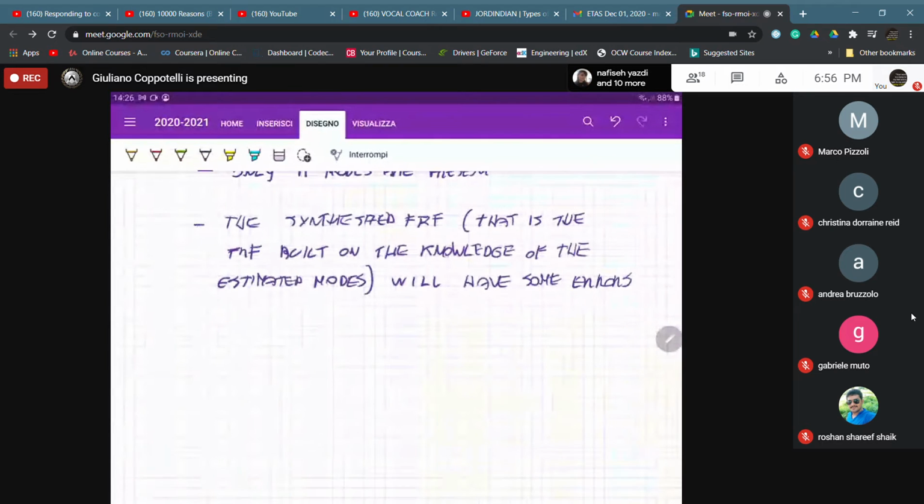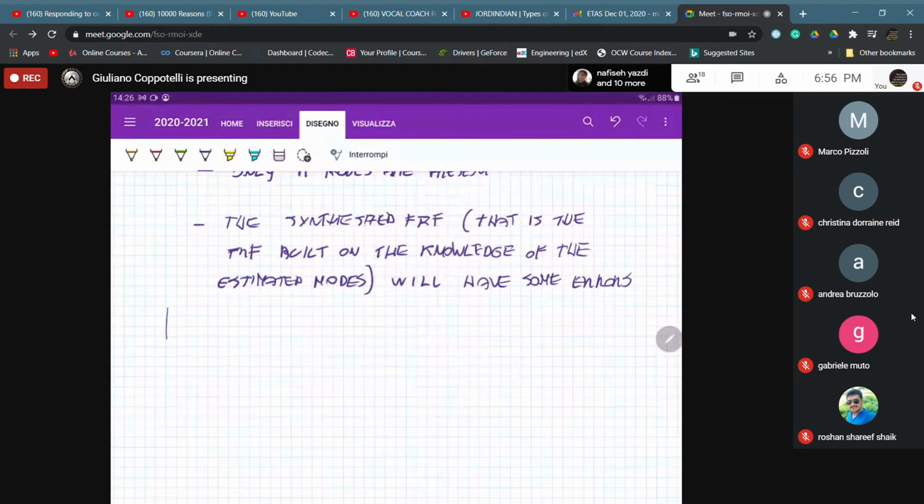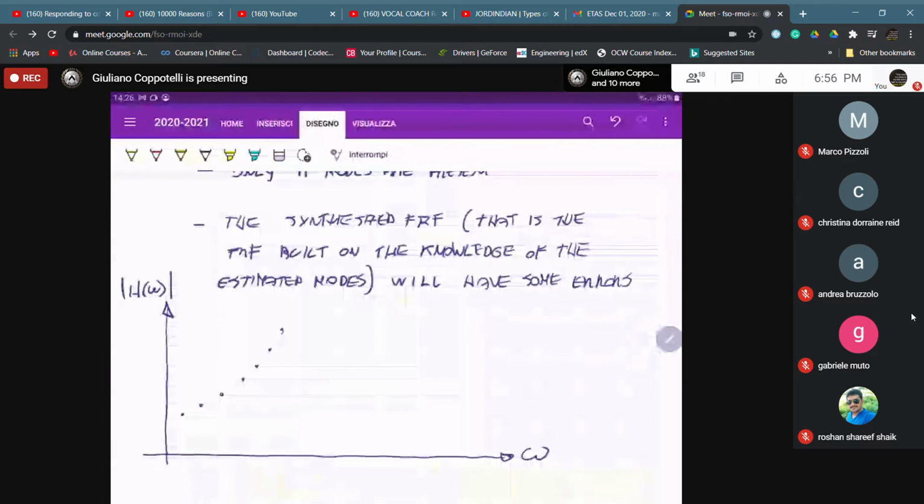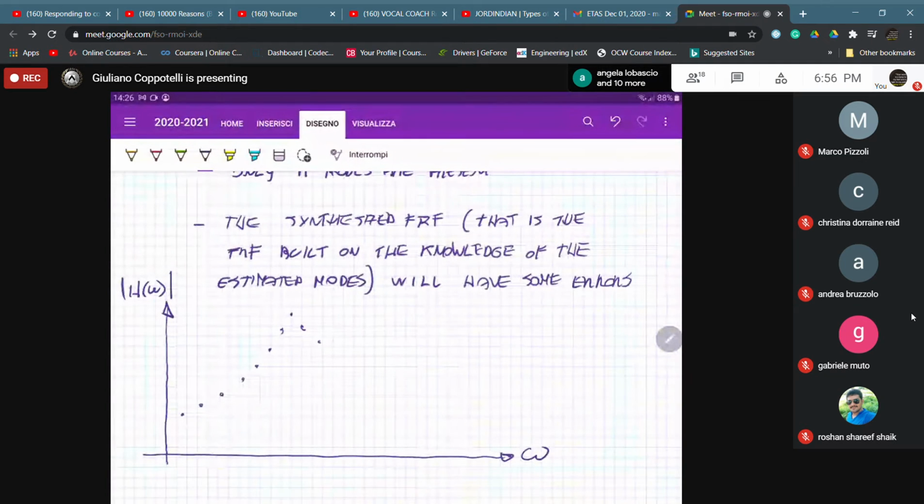An effect of that could be viewed just by looking at this plot. We have omega. We have, for example, the amplitude of your FRF, like this. Okay, that is your ideal FRF, for example, that is known just at prescribed points like this.